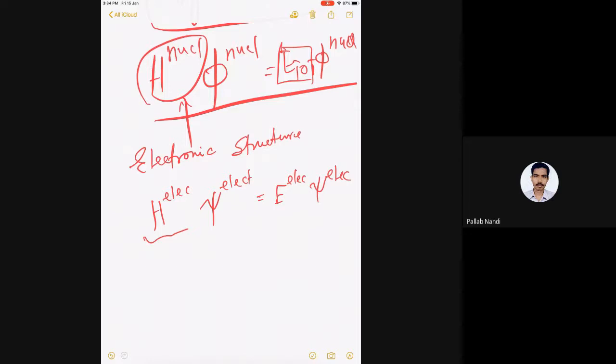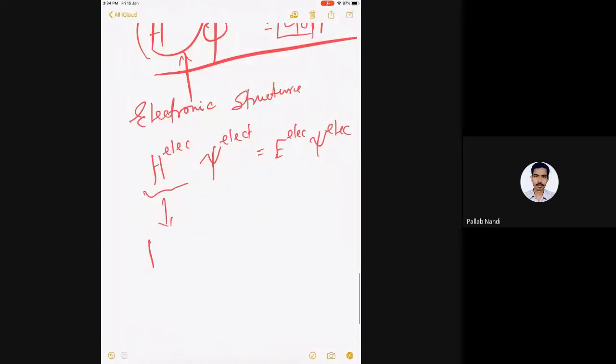So many times people write it in this manner, that H electronic is a function of r1, r2, etc., then semicolon, capital R1, capital R2, etc. It means this is actually a function of electronic coordinates for a given value of nuclear coordinates. The reason it is often written is to remind you that if I change the nuclear positions, this Hamiltonian will change.